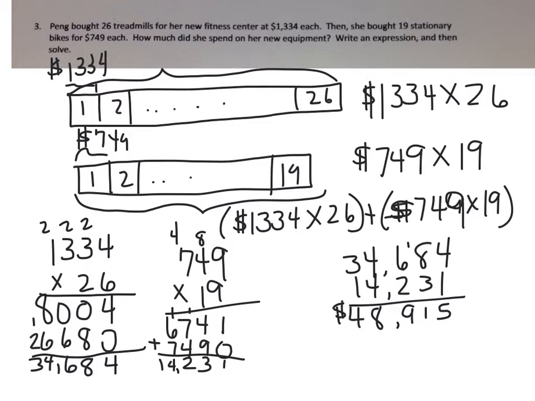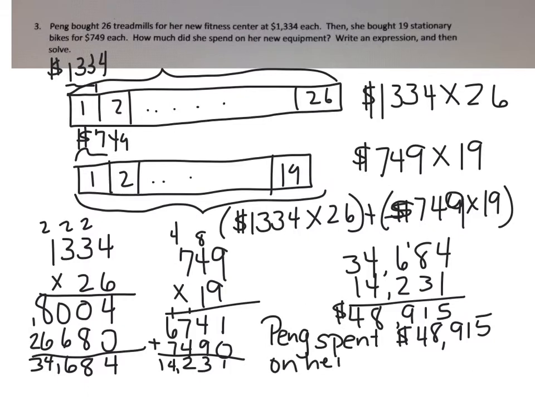So I can say Ping spent $48,915 on her new equipment. You need to write that sentence every time so that I know and your reader knows, whoever's grading your paper knows what your answer is exactly.